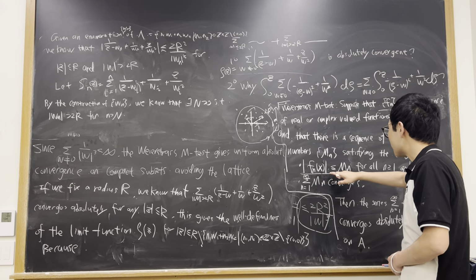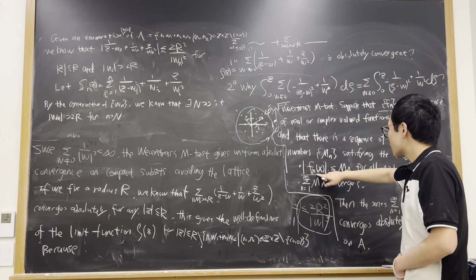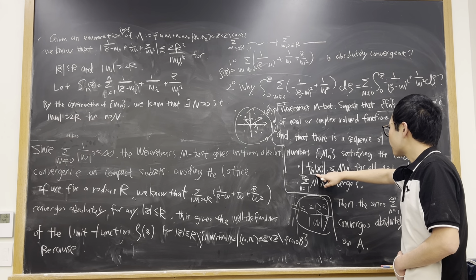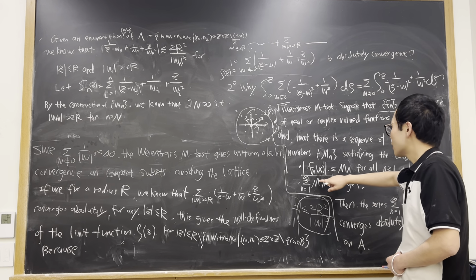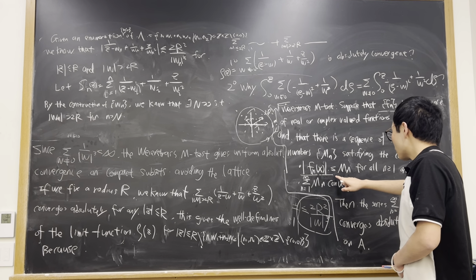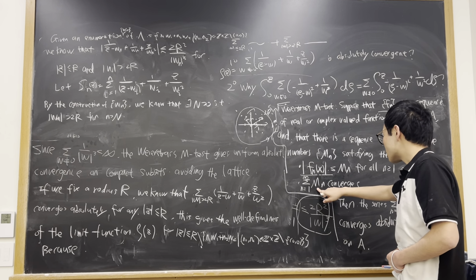So for each n, we need to find a bound that bounds the partial sums. And then we also need the bounds to be summable, right?